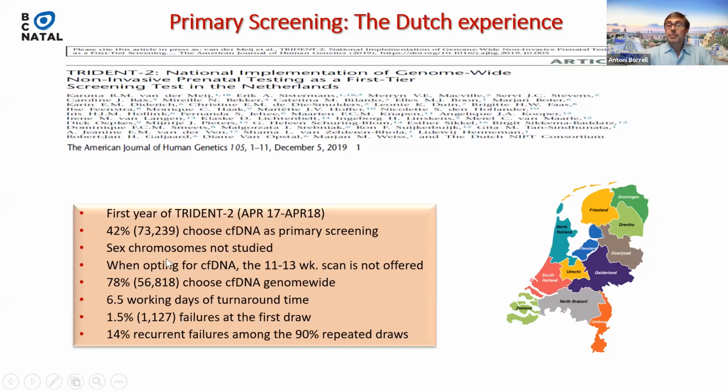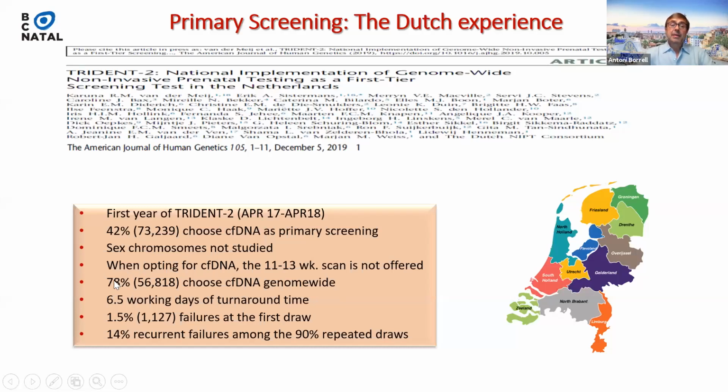When they offer, paid by the National Health Service, a screening for aneuploidies, in that society in the Netherlands, only 42% choose to have a screening for aneuploidies. Sex chromosomes are not studied, and when they opt for cell-free DNA studies, then they don't have the 11-13 week scan, which is very curious.